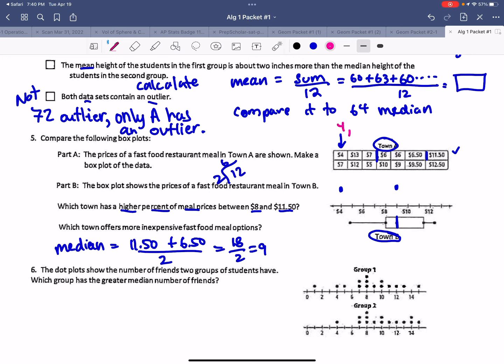So this looks like $4 is the lowest, $5, $6, $6, $7, $9, $10, $13. Oh, I got a $9.50 in there. $10, $13. Ooh, I had a 6.50. I've got to wiggle that one in.